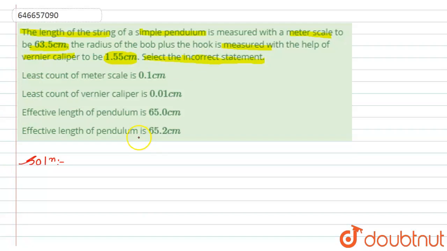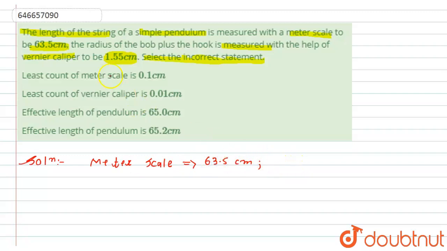According to the question, it is given that the length of the string of a simple pendulum is measured by the meter scale, and it is found to be 63.5 centimeter.